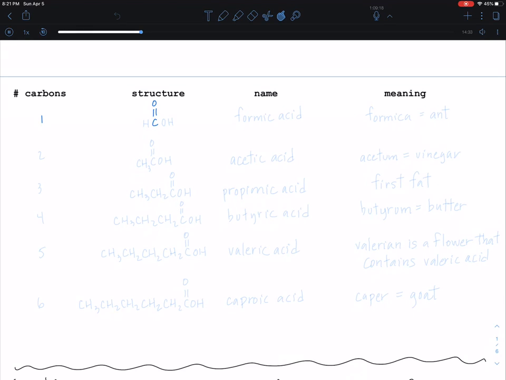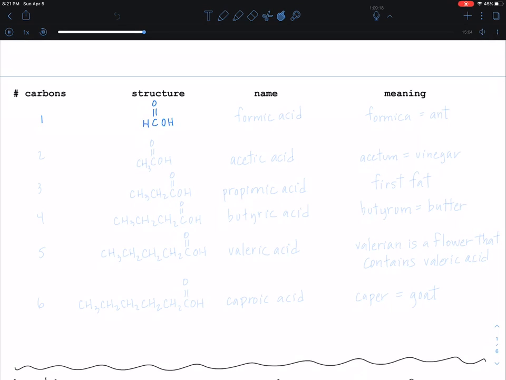And with an aldehyde, remember on the right over there, we had just a hydrogen. With a ketone, we had some other R group. With a carboxylic acid, we have a hydroxyl group. That's what differentiates these from each other. Remember in chapter 1 when we had you guys learn all the functional groups? Okay, so with this particular carboxylic acid, having only 1 carbon, the only thing that can be on the other side is a hydrogen to complete the octet, right?